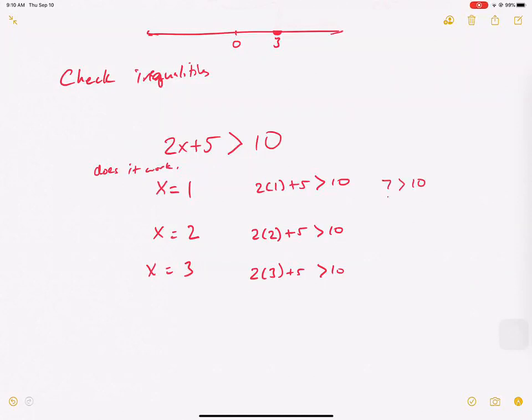This is not true. 9, is 9 greater than 10? Nope, not true. Is 11 greater than 10? Yes, true. So not every number will give us a true statement, and we want to be able to check that, and it's really an easy process of just plugging in numbers.